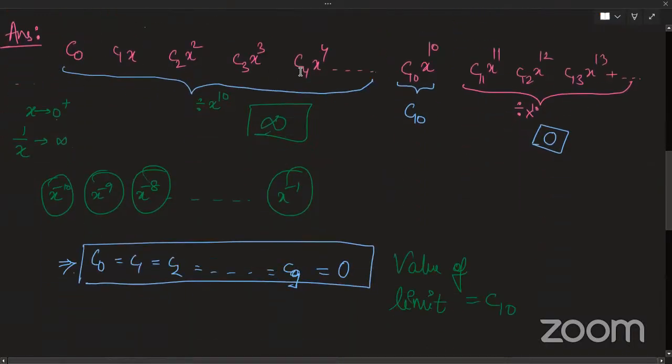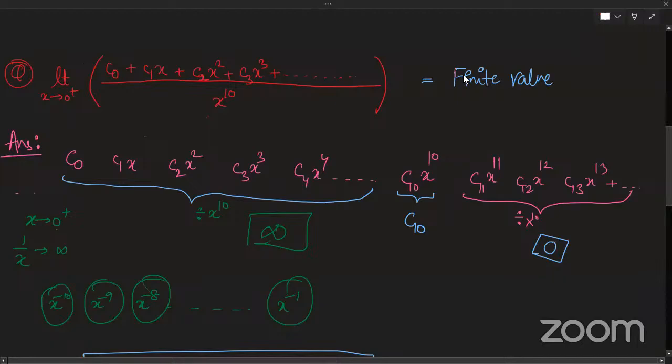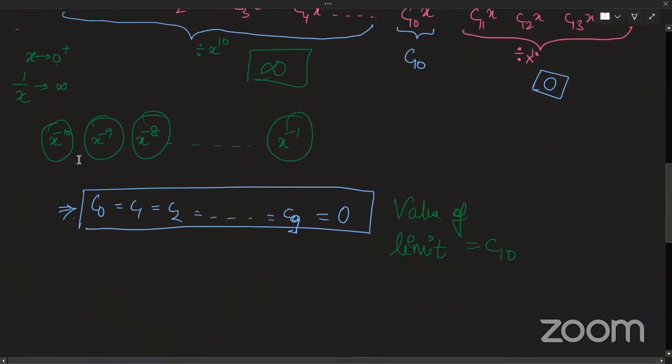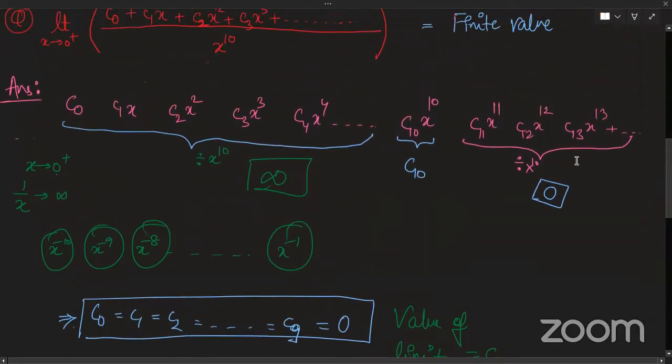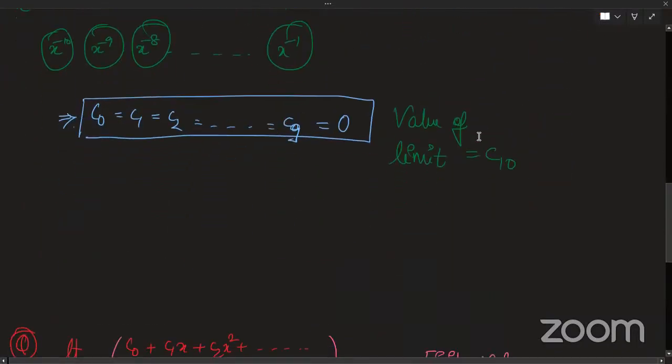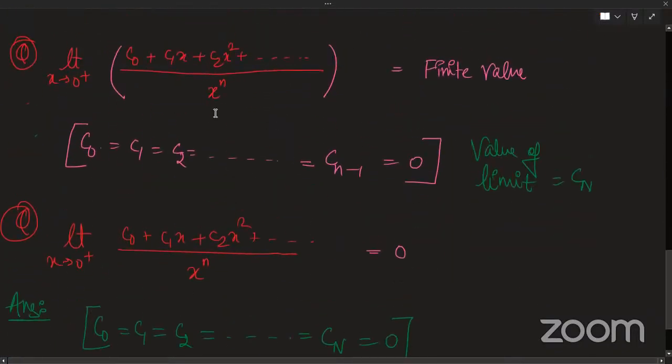Even if one of these remains non-zero, I will get an infinite value for sure, because it will have some power of 1 by x. The same thing on the right hand side, I won't care, because I know there is some x left, so it will go to 0. Looking at this case, I have just generalized it. So the value of the limit will be equal to Cn, right?